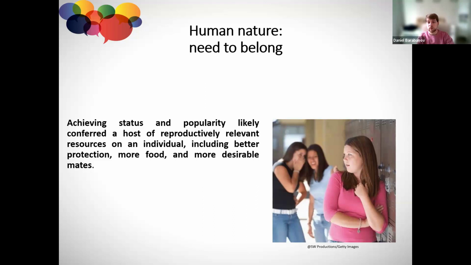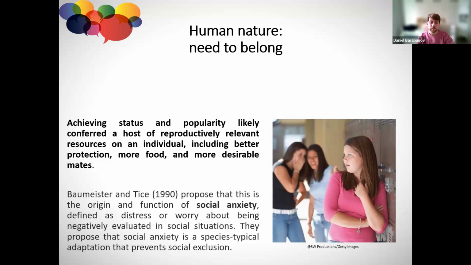On the other hand, people who had a lower position in this hierarchy risked facing a hostile attitude from their group members and got less food, less help, less protection, and obviously they were less desirable mates, and thus their reproductive success was significantly lower.